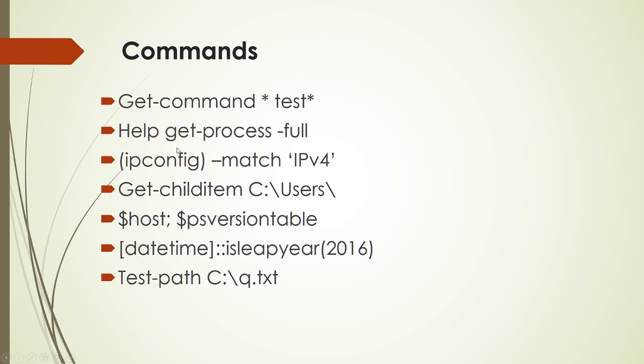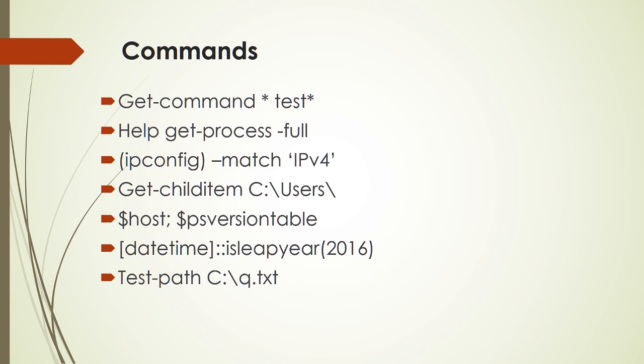ipconfig gets the network IP configurations. Get-ChildItem gets the files and folders in a file system drive. The $host and the $PSVersionTable check the version of your computer and your PowerShell. DateTime is a class, and IsLeapYear is DateTime's static method.